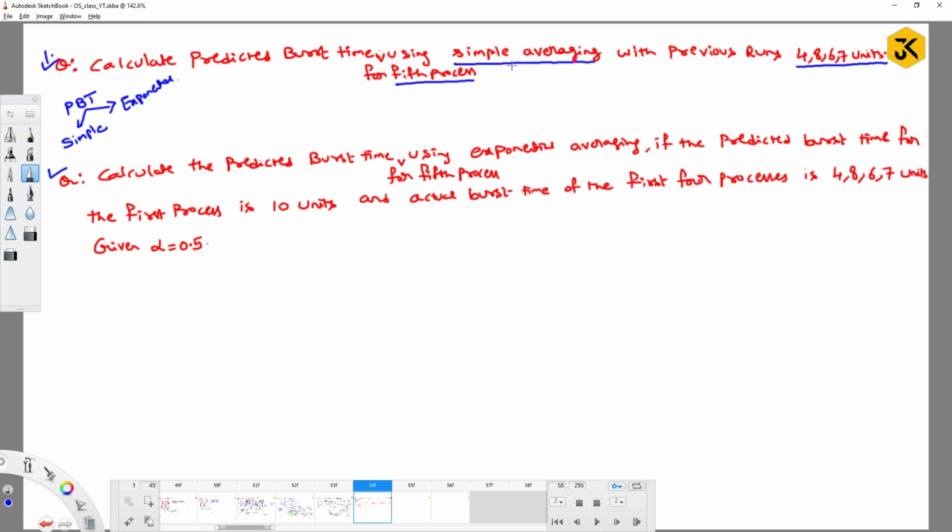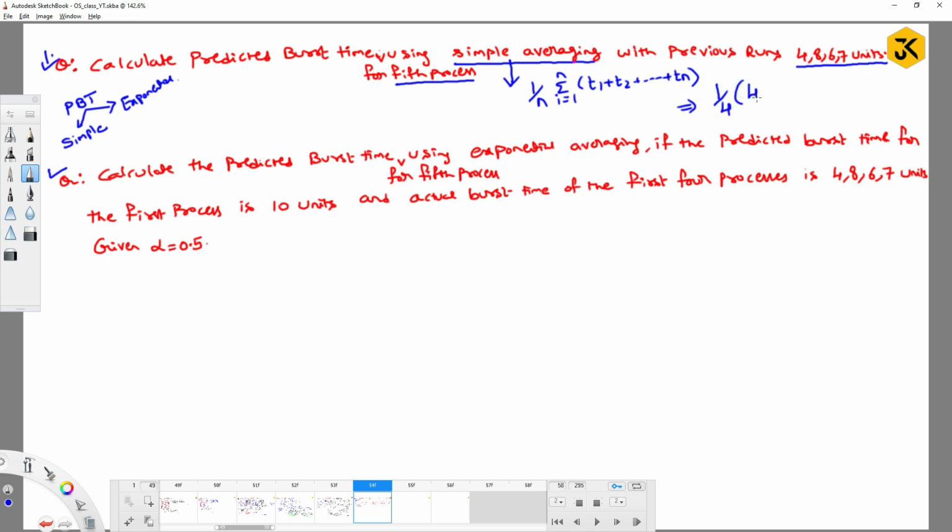To calculate the simple averaging, we can go with the formula 1 by n into the summation of i equal to 1 to n of t1 plus t2 and so on up to tn. Here, how many processes are there? 4 processes, so the n value will be 4.